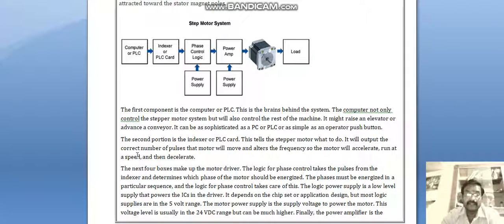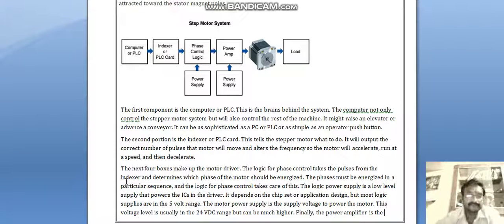It will output the correct number of pulses that the motor will move and alter the frequency, so the motor will accelerate, run at a speed, and then decelerate based on the pulses generated by the indexer or PLC card. Based on these, it will give the signal to the motor.